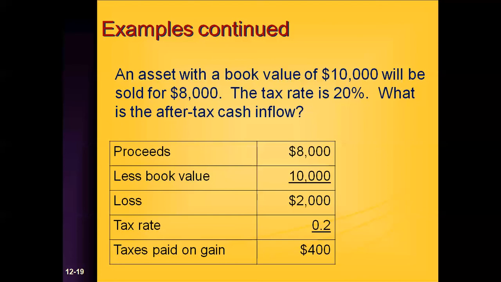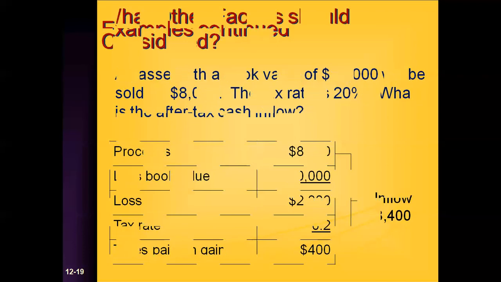It had a book value of $10,000. Your loss was $2,000. Your tax rate is 20%, and therefore taxes paid were $400. Your inflow was $8,400 because you had a gain from the loss.